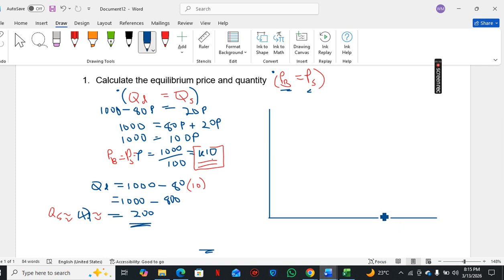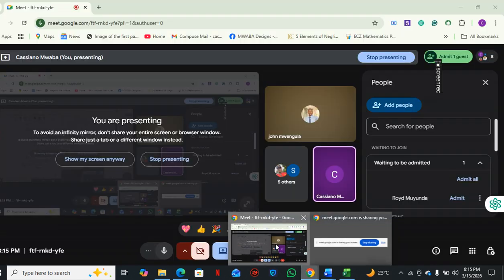Just before I show how to create it, does anyone remember how to create this graph? Does anybody remember how to make this graph for supply and demand?